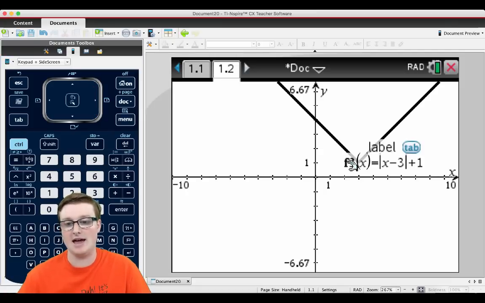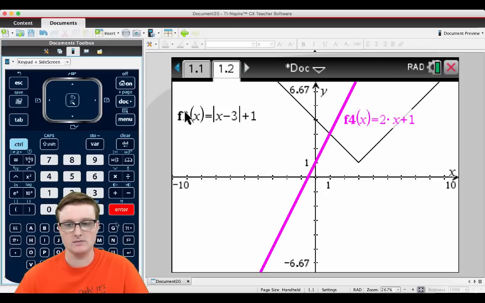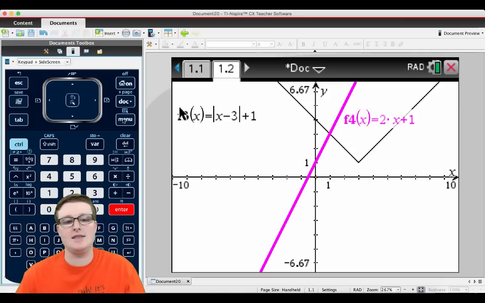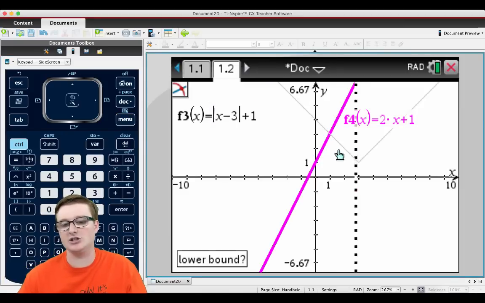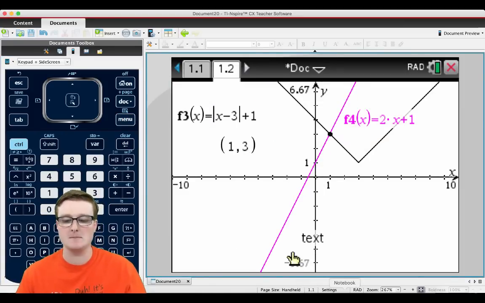Enter. We get that function. And I'm going to graph 2x plus 1. And we get that. So they both intersect each other at this point. Menu, analyze graph, intersection point. They both intersect at 1, 3.